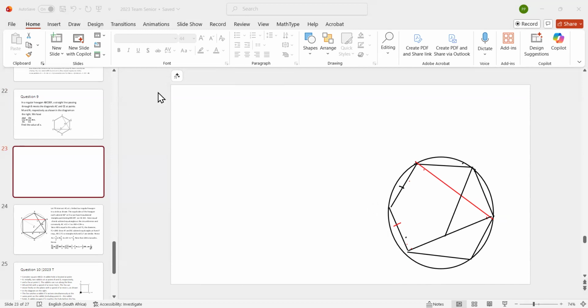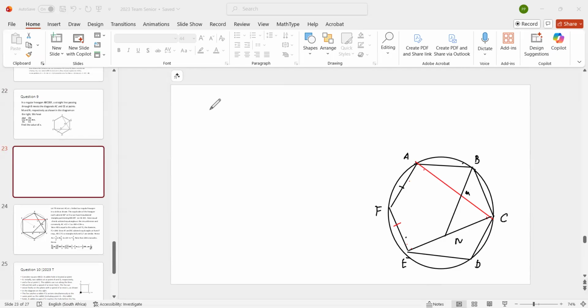I'm going through all this because I forgot to draw the diagram. Sorry about this. So this is B, this is M, this is N, this is A, B, C, D, E, F. All right, and it was given.